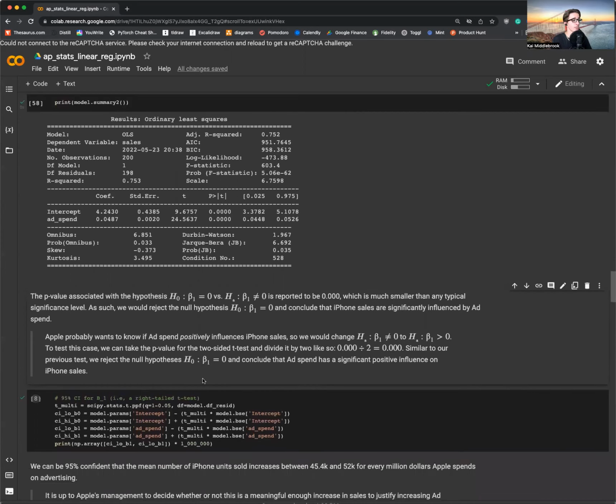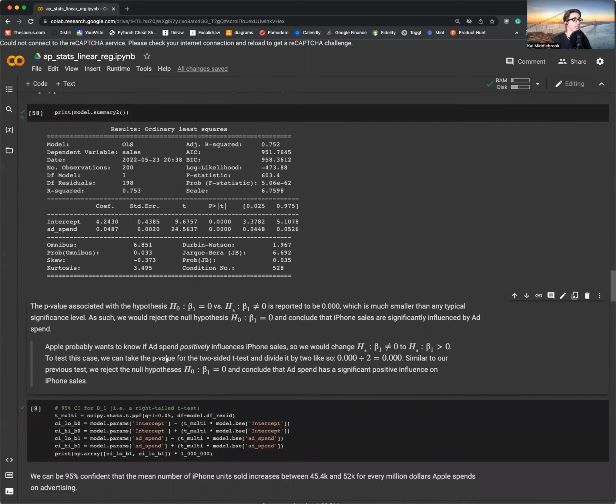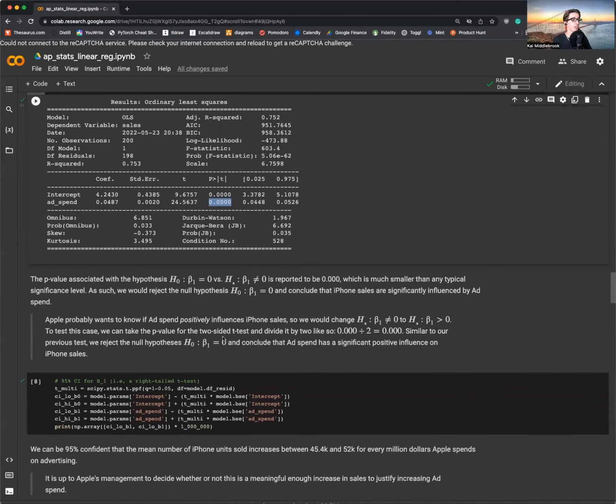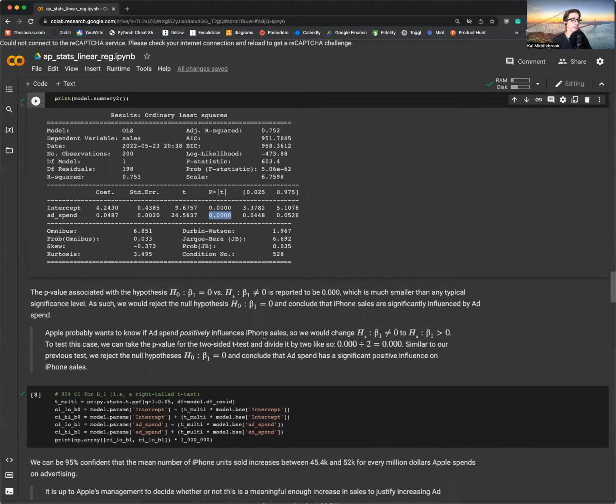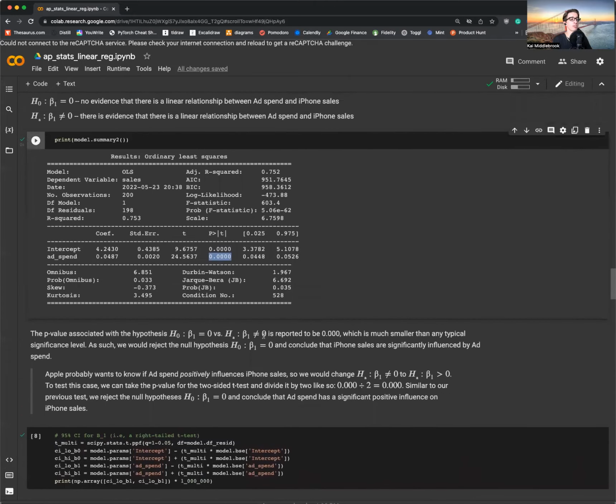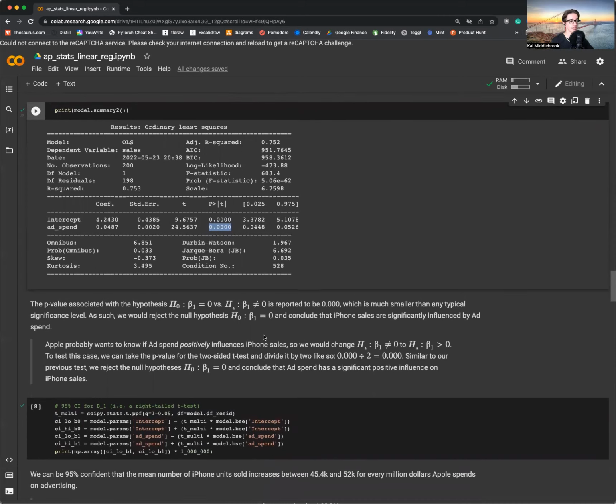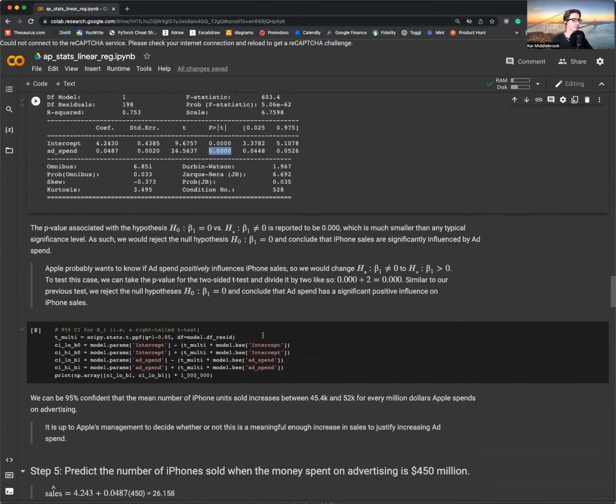And to test that, we can take the p-value from our two-sided t-test, which is shown here, and divide it by 2. Dividing 0 by 2 is still 0, and we'll reach a similar conclusion. So we reject the null hypothesis that our slope is 0 and conclude that ad spend has a significant positive influence on iPhone sales. So pretty interesting, right?